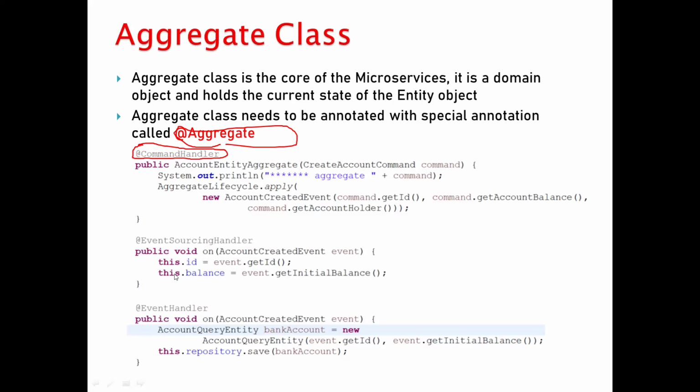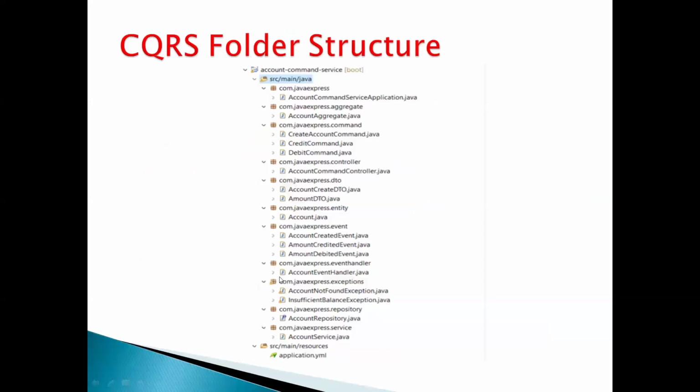Once I dispatch the event from the event source, it will be received at the event handler. We are following the diagram which we discussed. So the flow is from command handler to command bus, through the event bus, from event bus to event handler. There we'll save the data into the database. We'll see the practical in the coding part.